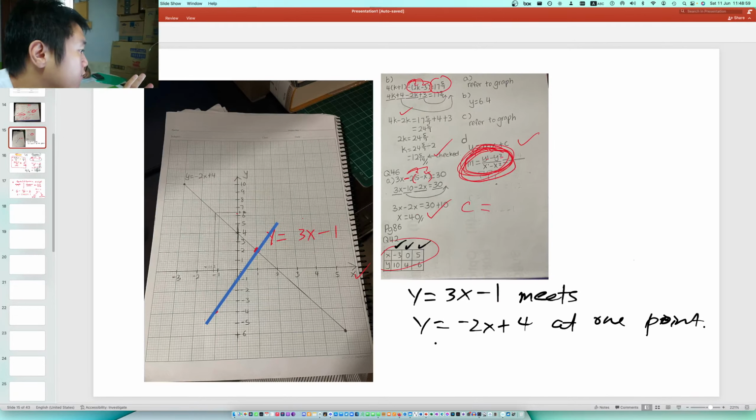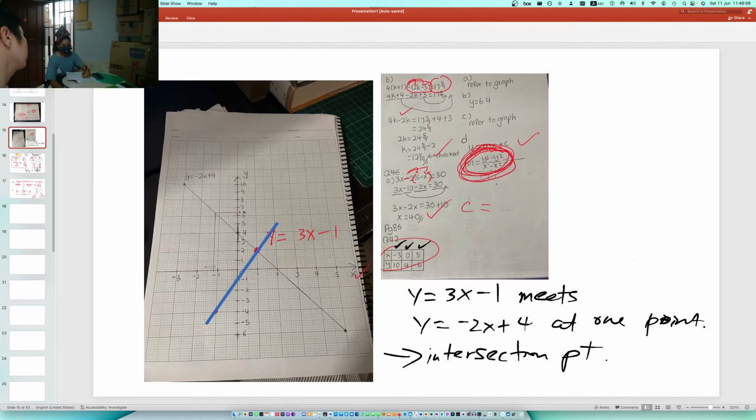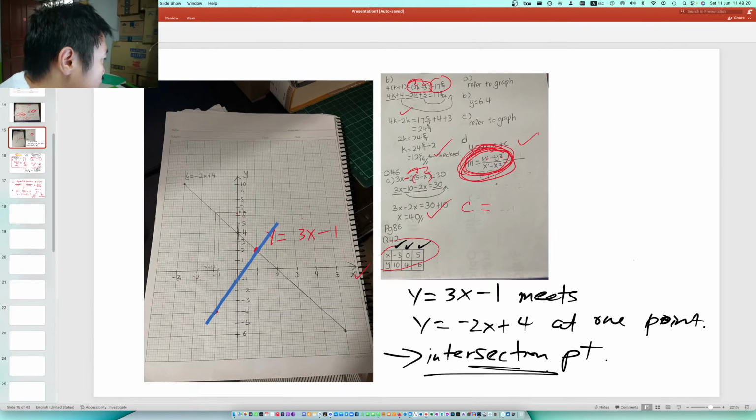And this point, there is a name for it. It's called the intersection point. It's just like a junction, you know. You understand? The junction. So there is a name for it. It's called the intersection point.